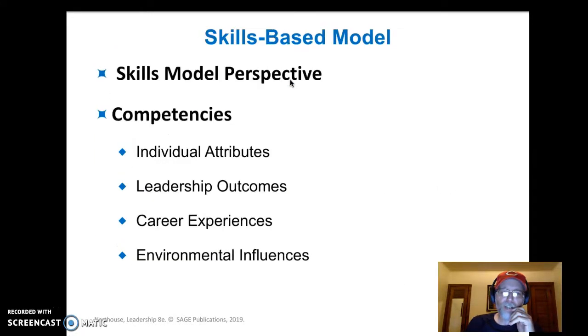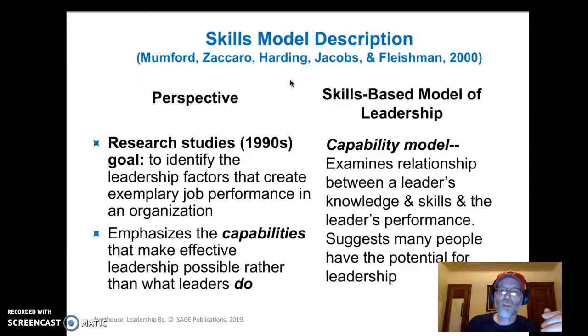And then the other model is the one by Mumford, the skills-based model. What Mumford did, him and his research group, was study 1,800 military leaders. They saw particular competencies, skills that leaders had, but they also noticed that certain individual attributes, experiences, and environmental influences shaped how well the skills approach worked.